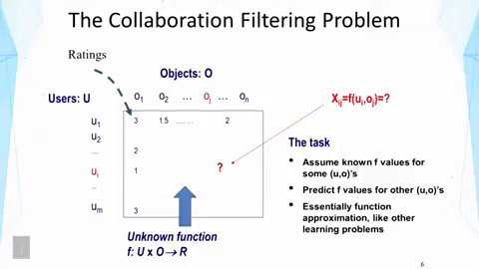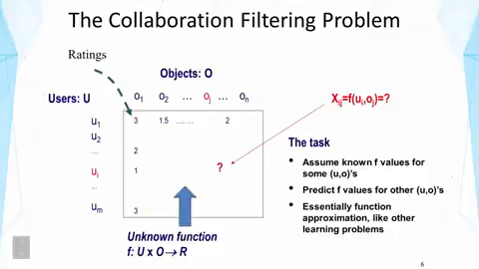So let's look at the collaborative filtering problem in a more formal way. And so this picture shows that we are in general considering a lot of users, we're showing M users here, so U1 through UM.